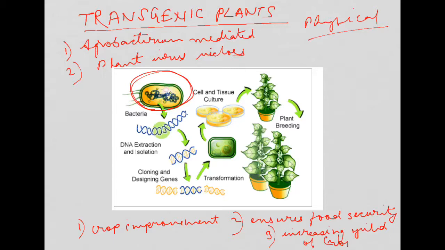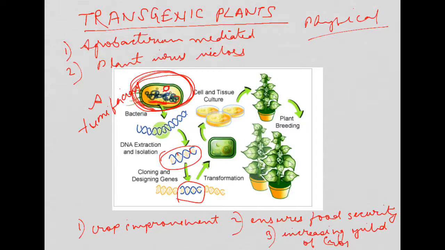Suppose this is the bacterium I'm talking about, Agrobacterium tumefaciens. It has its bacterial genome, and there will be a plasmid. This plasmid will be isolated and cloning will be done. Cloning means some portions of this Ti plasmid will be cut and a new portion will be inserted.